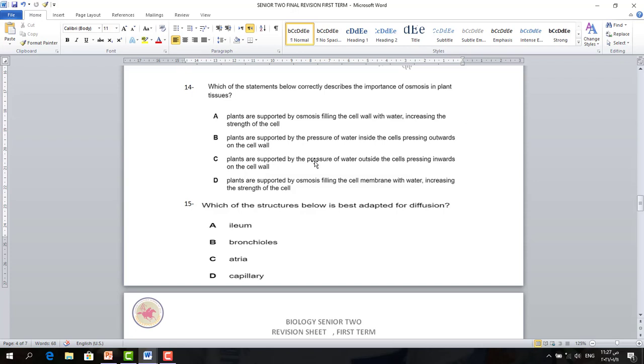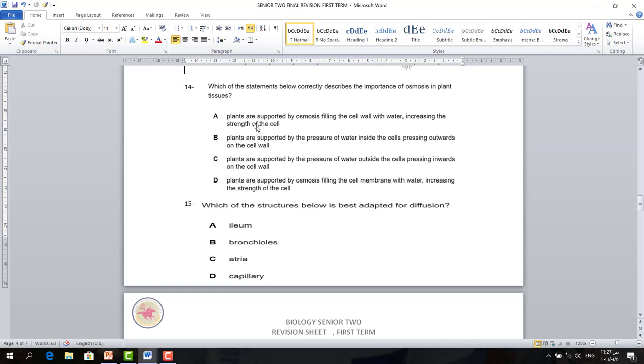Plants are supported by the pressure of water outside the cell, pressing inward on the cell.